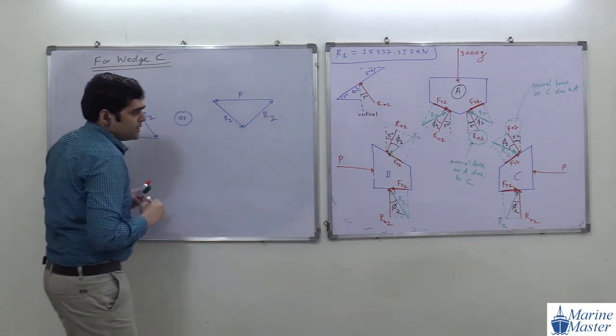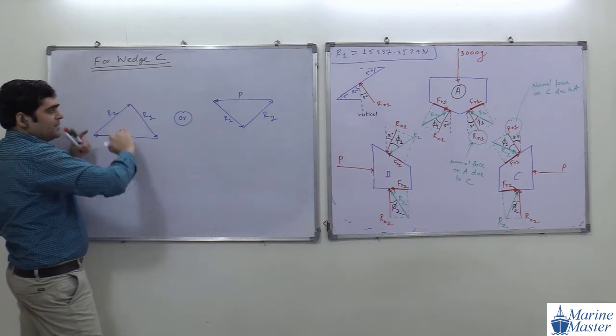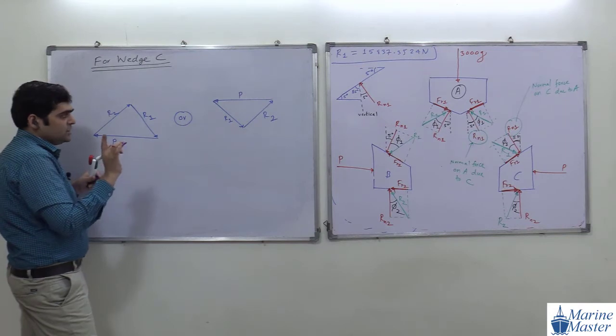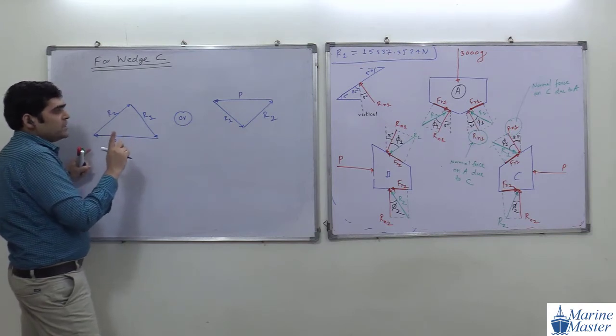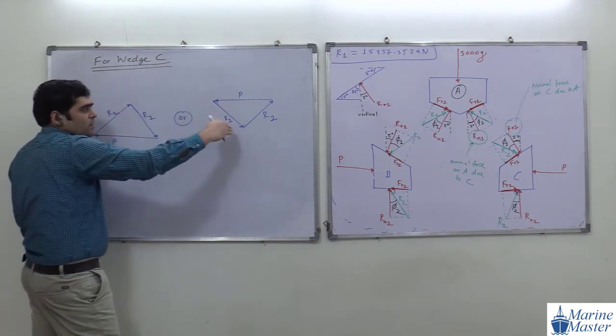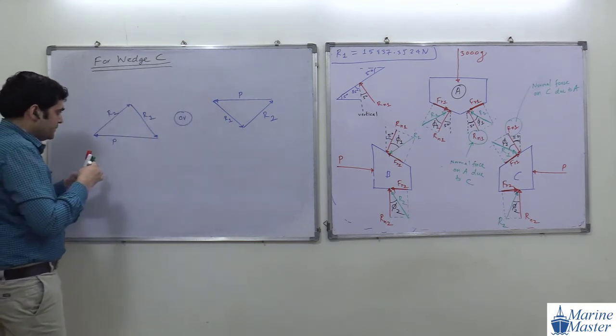Consider it like a mirror image of each other. Any doubt in this discussion? Here both the drawings are the same. R1 is like this, here R1 is also like this. P is like this, here also P is like this.